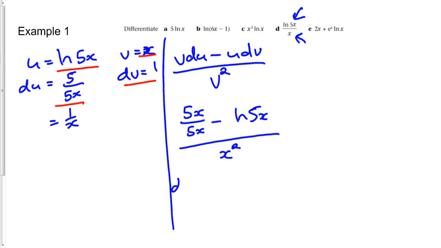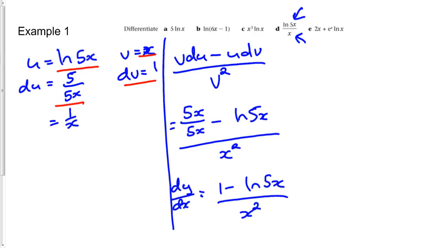You then tidy that up to end up with dy by dx equaling 1 minus log 5x over x squared. Now, there's nothing you can do to simplify that, so that just stays as it is.